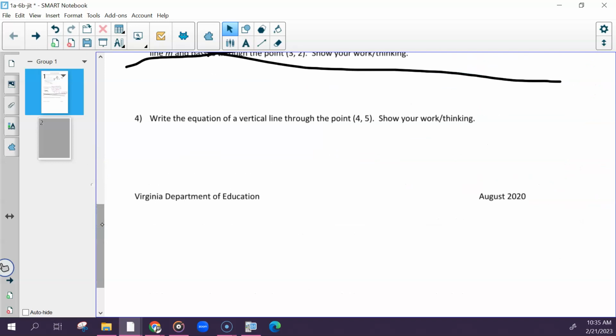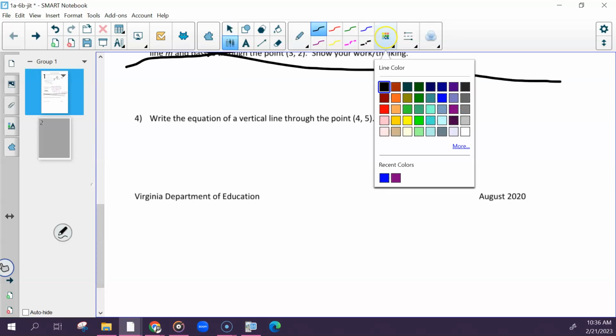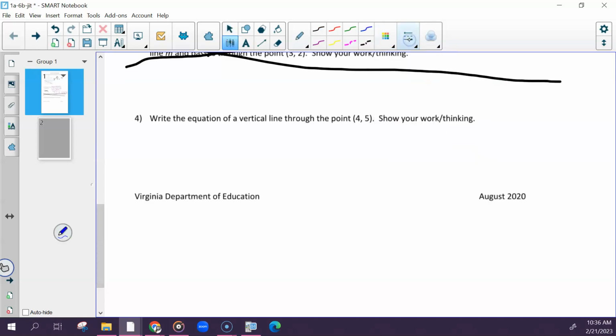Anyone want to do number 4? So with this example, it says something about a vertical line, so you should immediately be thinking point-of-x.